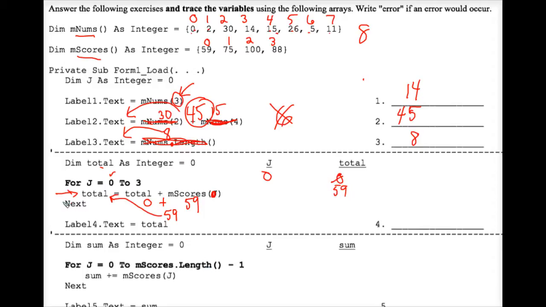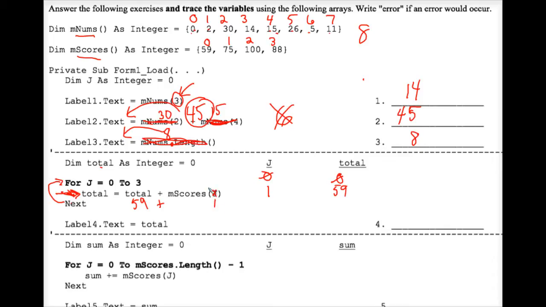Then we hit the word next, which loops us back up to the top, and because for loops always step by 1 each time around the for loop in this situation, j bumps up to 1, and now we run this line of code again here, and we work the right-hand side of the equals. Total is currently 59. And what is m scores j? Well, j is currently 1.